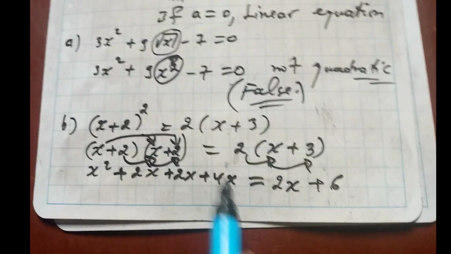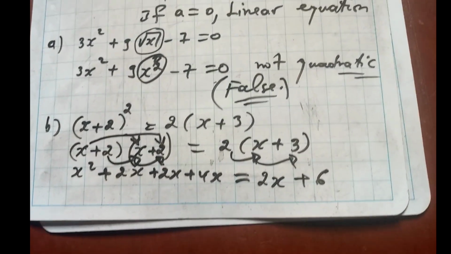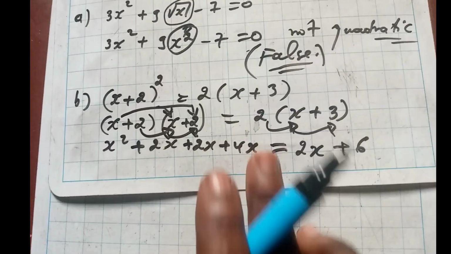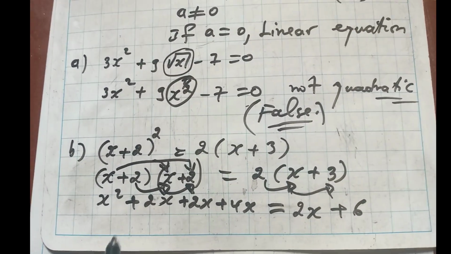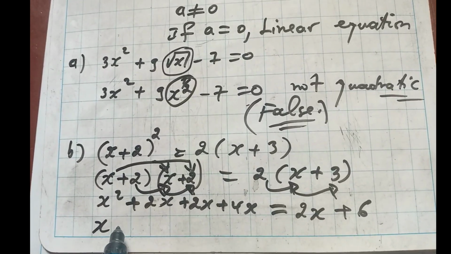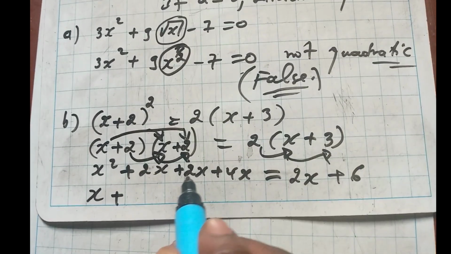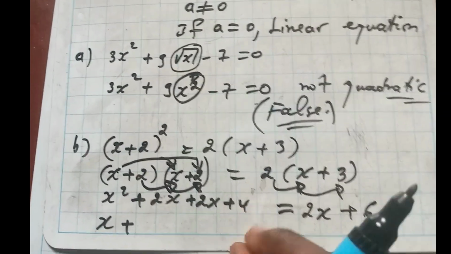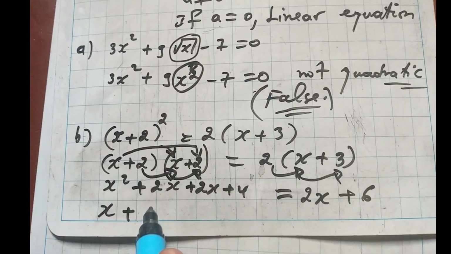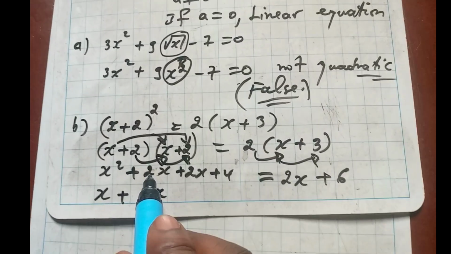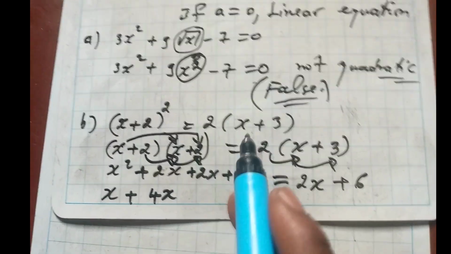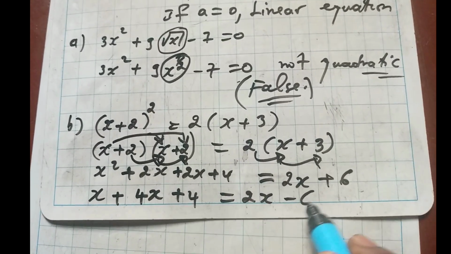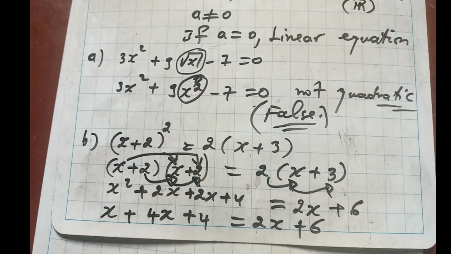Now you have to collect like terms. Here you have x squared plus 2x plus 2x, which is 4x, then plus 4, which is equal to 2x plus 6.